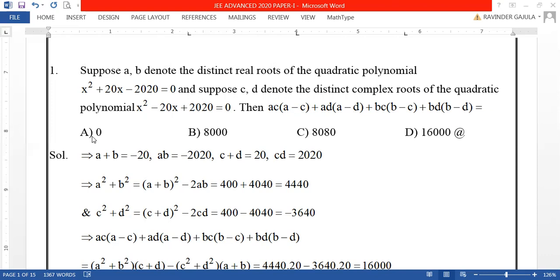And the given options are like this: A) 0, B) 8000, C) 8080, and D) 16,000.